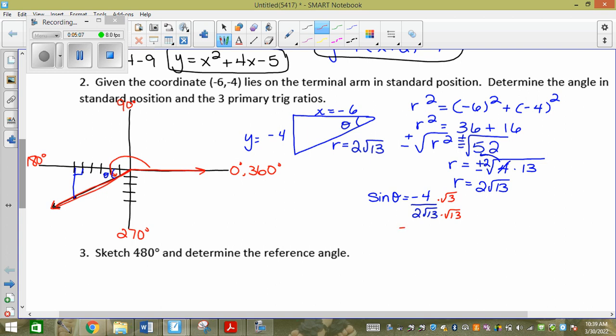So I'm going to get negative 4 root 13 over 2 times, what's root 13 times root 13? 13. What's 2 times 13? 26. Once I have those figured out, now if I can cancel off the front of the 2, I do. I can take a 2 out of both. So I'm going to get negative 2 root 13 over 13. So my answer for sine theta is negative 2 root 13 over 13. Which part?